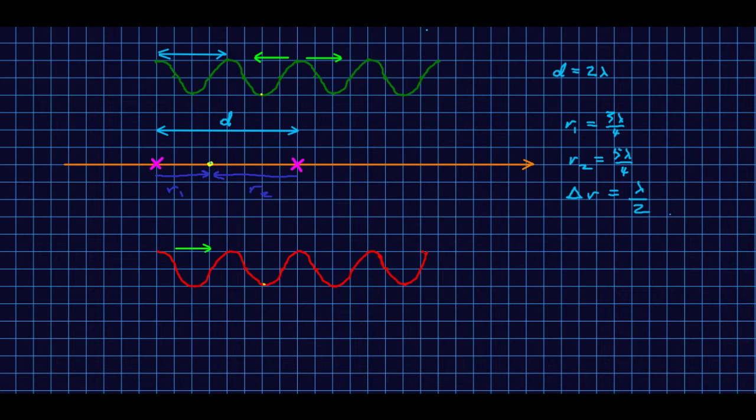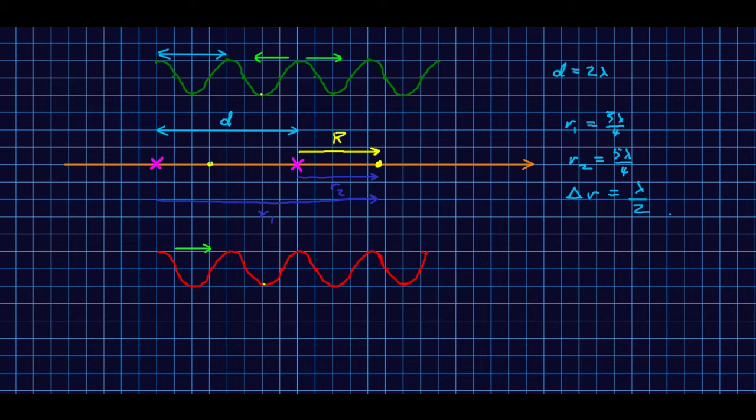Now let's look at any point out here. And I'm just going to pick a totally arbitrary point. And I'm going to say that this distance here is, I don't know, I'll call it big R, just to choose a symbol. Now, notice what that means. That means now we have our 2 path lengths. We have R2, and we have R1.